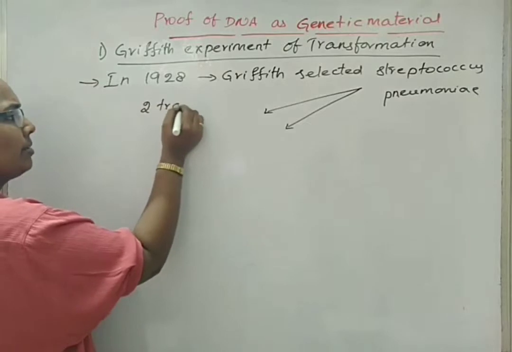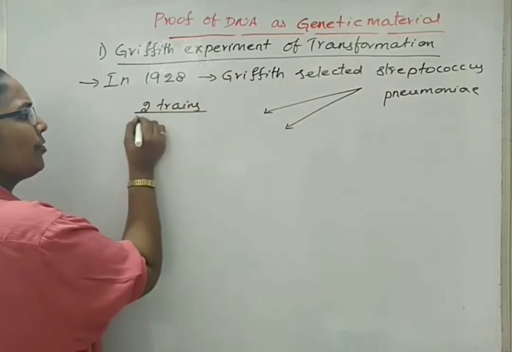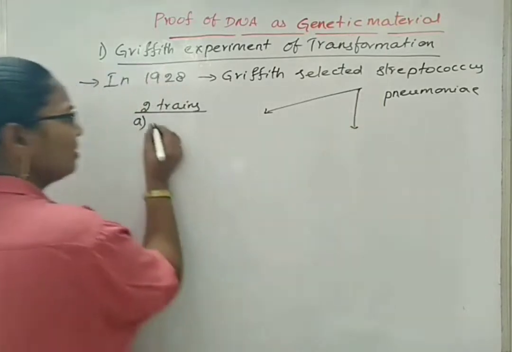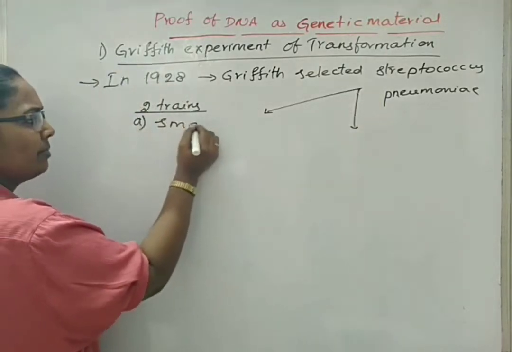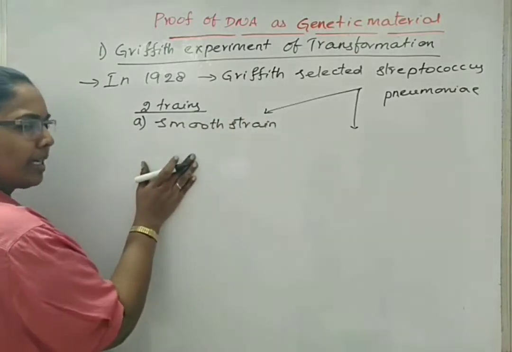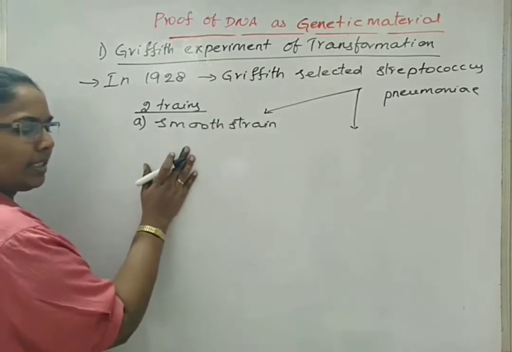Two strains. What is the first one? The first one is the smooth strain, one type of Streptococcus pneumoniae bacteria.